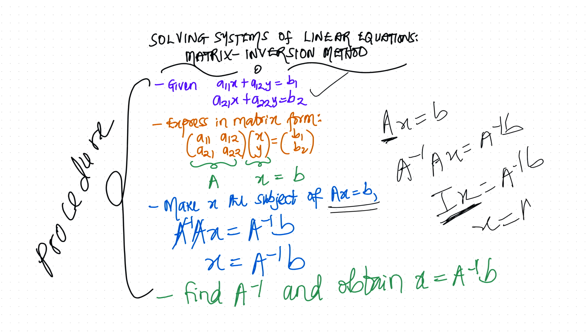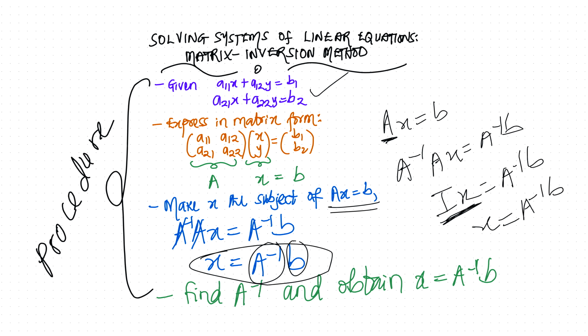So basically this is the kind of thing we are always dealing with. You are looking for X, which is the product of the inverse of the matrix of coefficients multiplied by the right-hand side. Basically, that's the fundamental thing about the matrix inversion method.